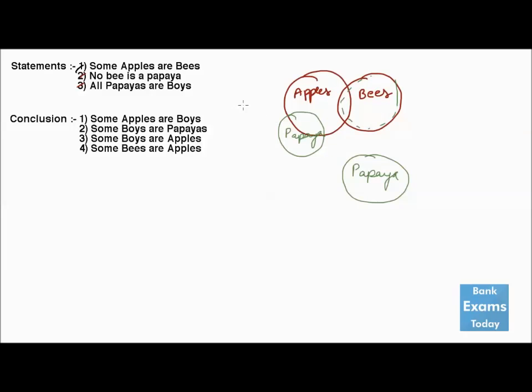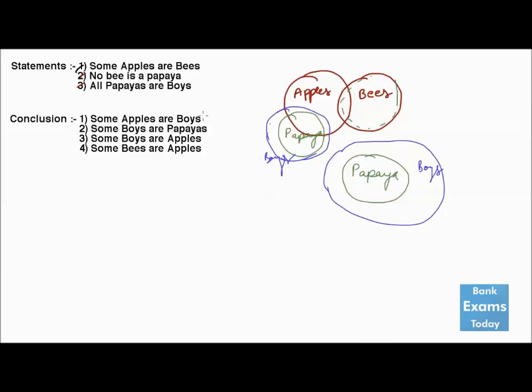And the third one is all papayas are boys. So all papayas are part of the bigger circle boys. So it can be like this. This is for boys. So now move on to the conclusions.